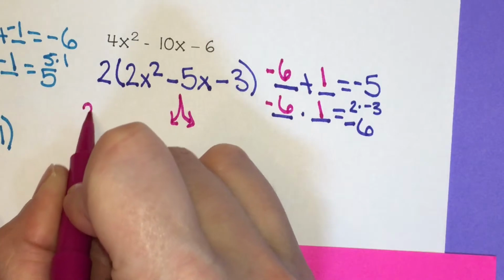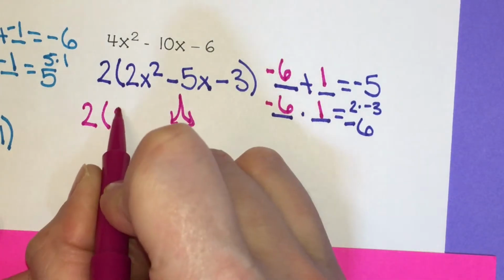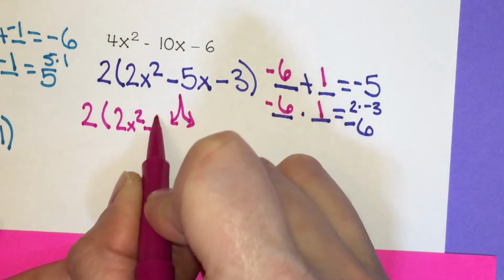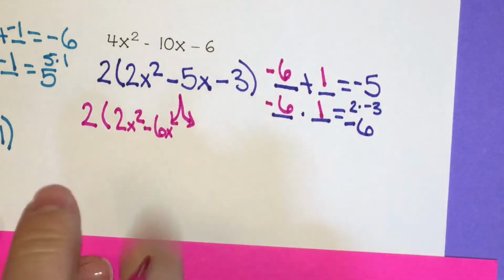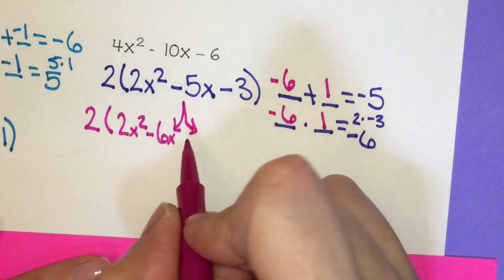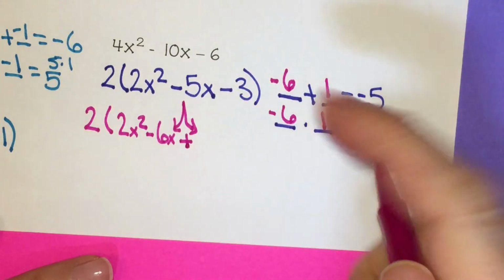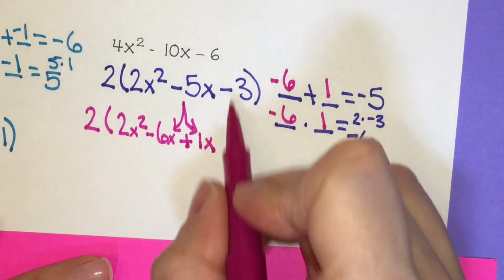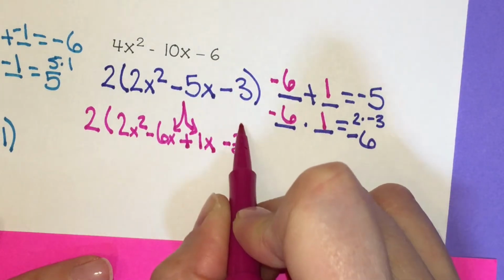So I still have a 2 on the outside, 2 times 2x squared minus 6x. I didn't put plus negative 6x because I know I'm going to put parentheses around the first 2. But I do have to put plus in the middle. Plus 1x. Bring down that minus 3.